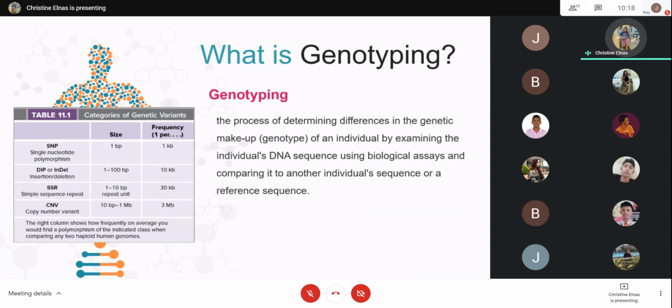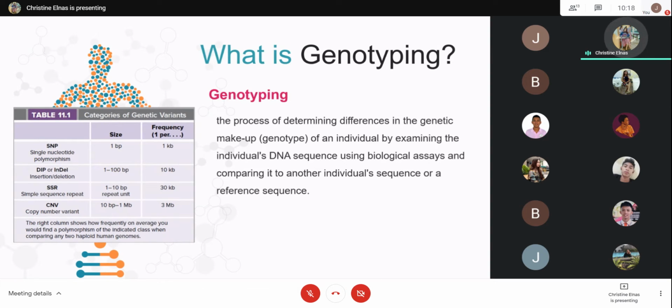For example, when thinking about human DNA, a high percentage of it is identical from one individual to another, more than 99%. But there is still variation from one person to another, that 0.1%, which makes us very unique. Genotyping can be used to analyze some of those differences.